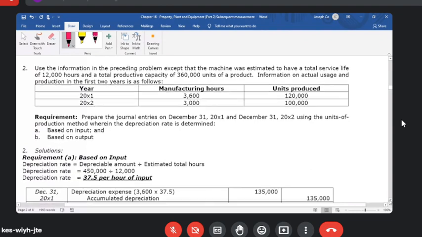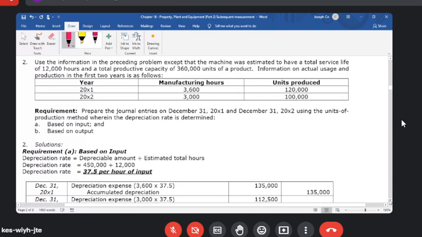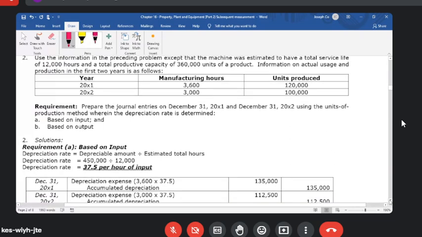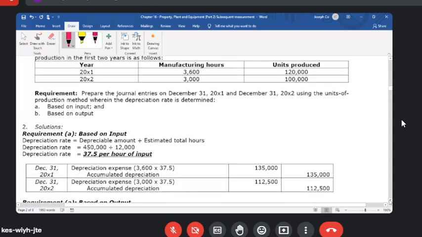Where input: 450,000 divided by 12,000 hours, and then the depreciation rate is 37.5 per hour. Based on hours, 3,600 times 37.5, 3,000 times 37.5, with the depreciation expense and per accumulated depreciation.